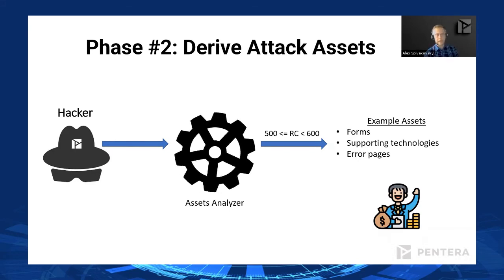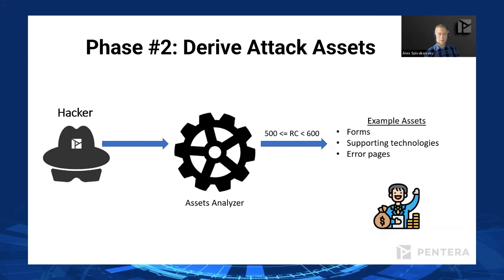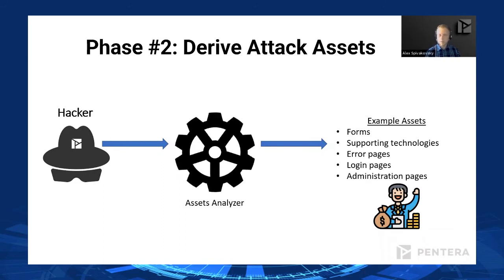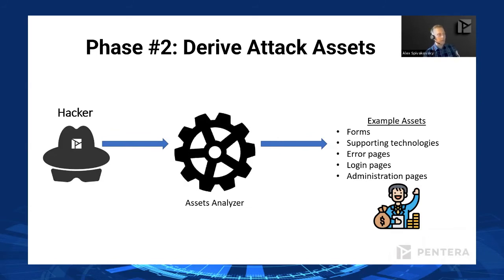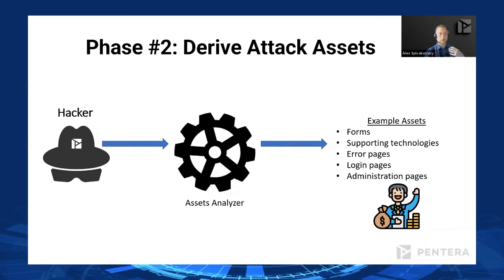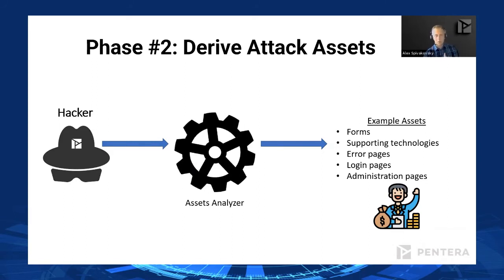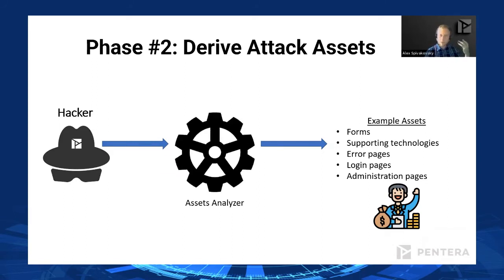I will show you in a few slides how this can benefit an attacker. Login pages. Login pages are a specific subfamily of forms, and I will explain also why this is a great asset. Administration pages of PHP, of IIS, they're great for an attacker, and all of this is collected using automation.